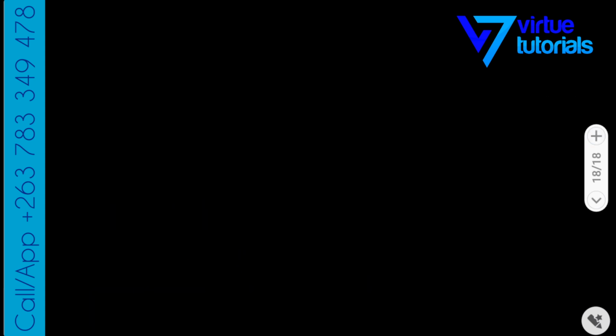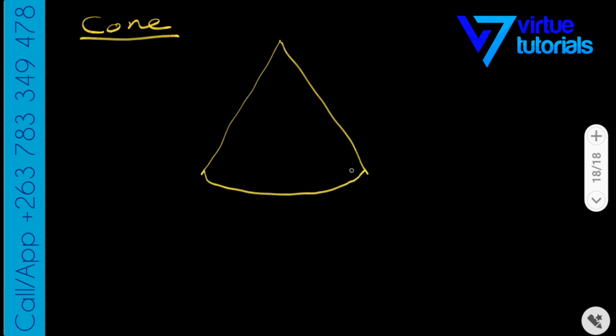Now, last, we'll look at a cone, right? We have a cone. So earlier on, we identified that a cone will have a perpendicular height h and a radius r.